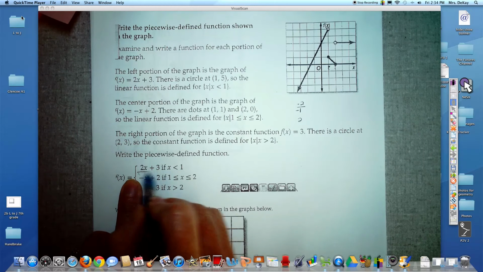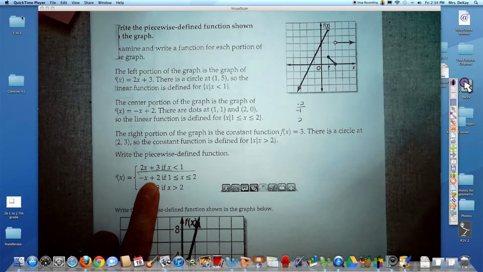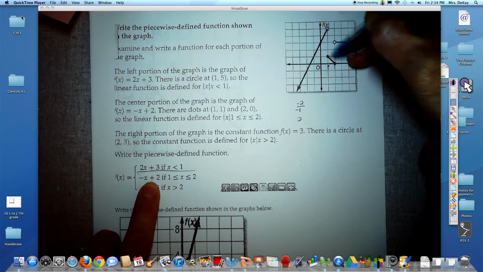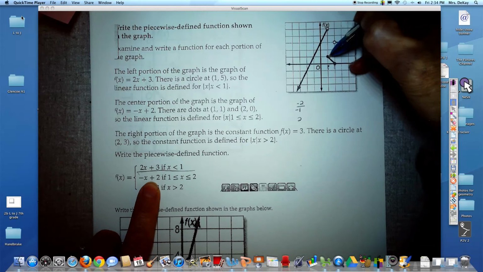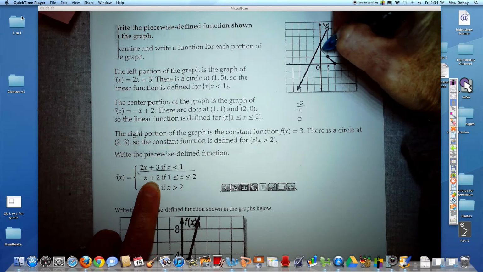And I know it's already when x is less than 1. I'm done with that piece. It's a little bit harder to find the y-intercept of this piece because it doesn't cross the y-axis, does it? You just extend it. But you can see your slope right away. You're going from corner to corner in each box. So if this line were extended, it would go through that right there.